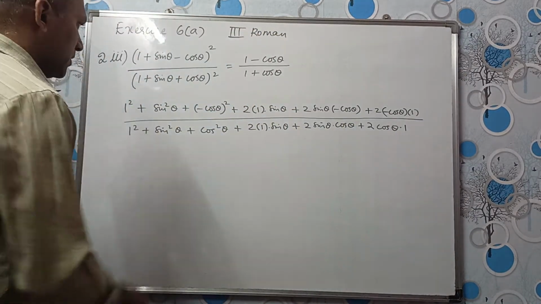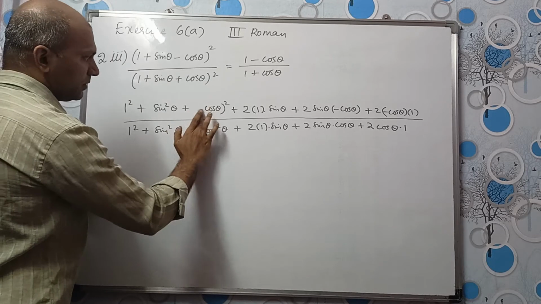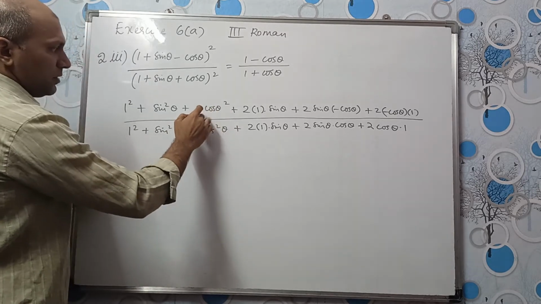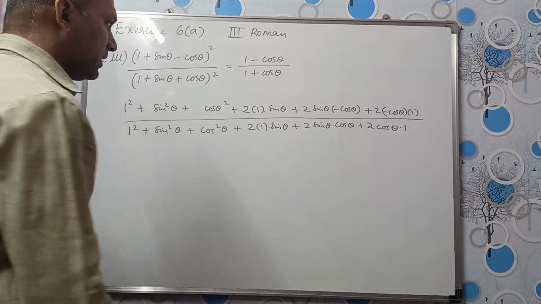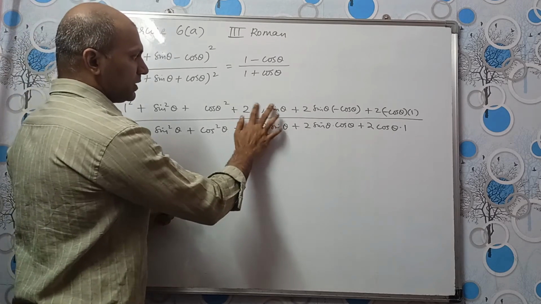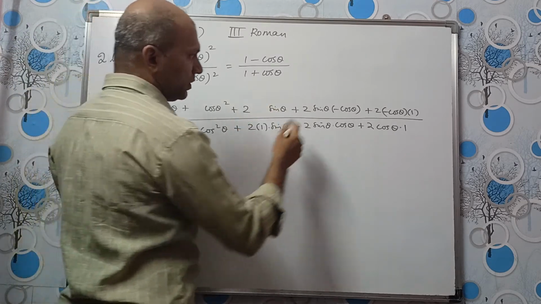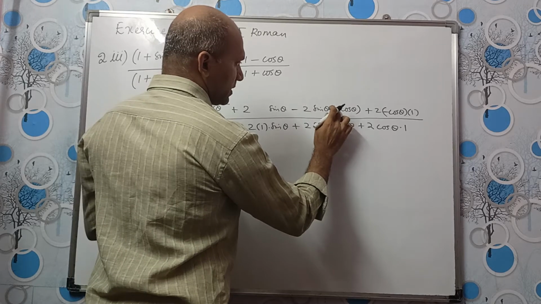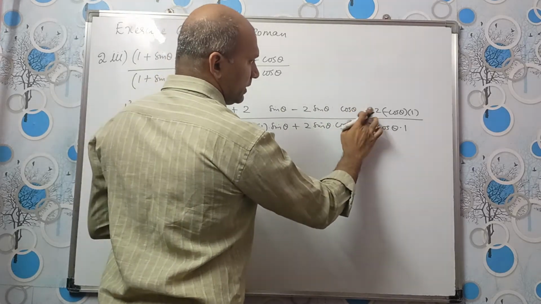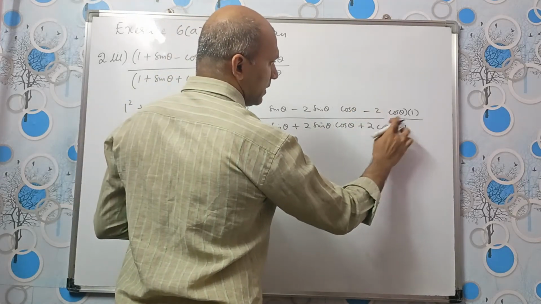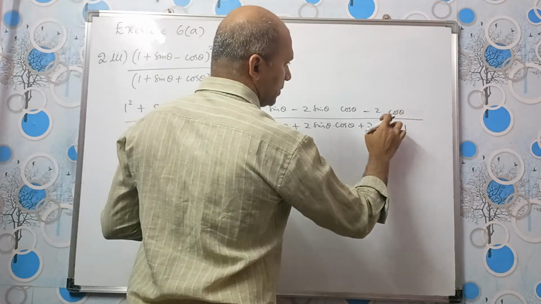Alright. So minus cos square theta is cos square theta, right? Okay, so 2 1s are 2, so we can remove this 2, and this is minus, and this is also minus. Cos into 1 is cos.